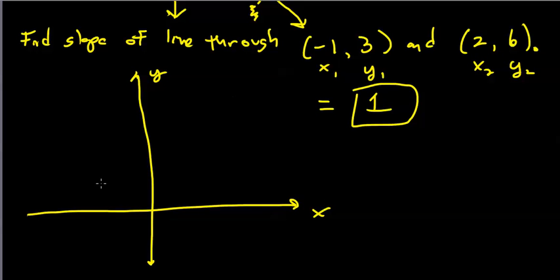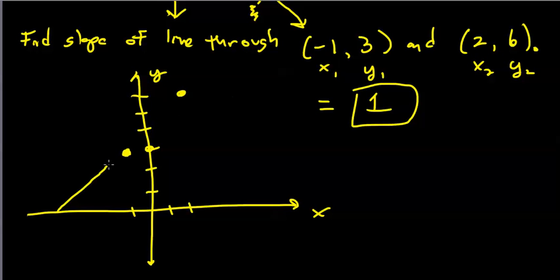Alright, that's better. When x is minus 1, y is 3. Puts me there. When x is 2, y is 6. 1, 2, 3, 4, 5, 6. Puts me about here.